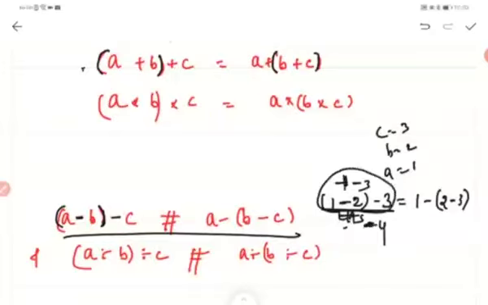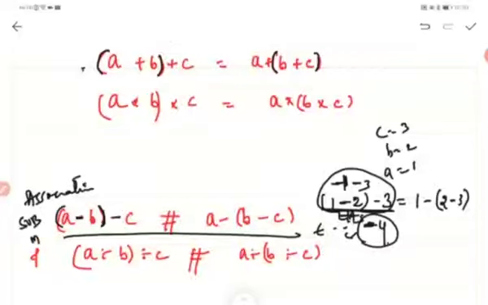Since you don't know about this, I just want to show you that this will not be true. You'll get an integer number, minus 4, which belongs to integers. So obviously your basic operation, commutative property itself, is not true for subtraction. Then obviously associative property is not defined under subtraction and division.